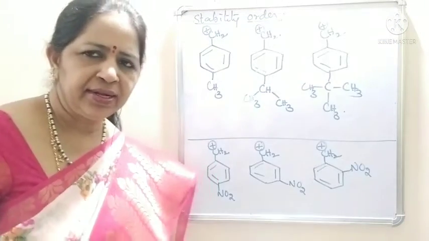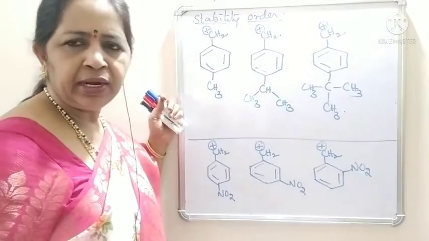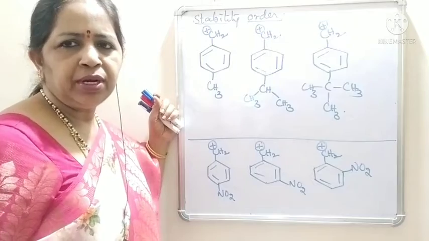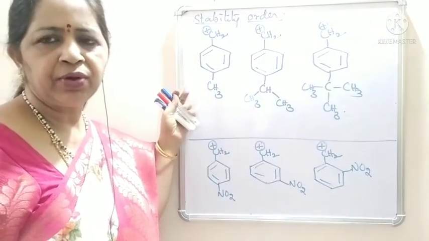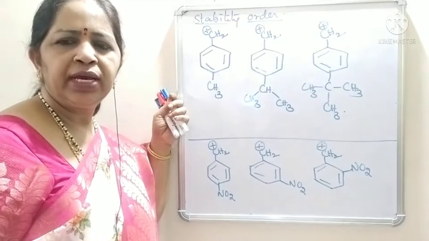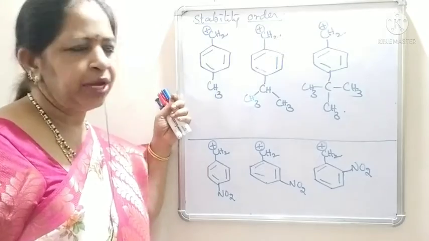Okay students, the next example, these are very interesting. These are dependent on the position of the substituents present on the benzene ring. We have to consider the position also while assigning the stability to the carbonium ion.